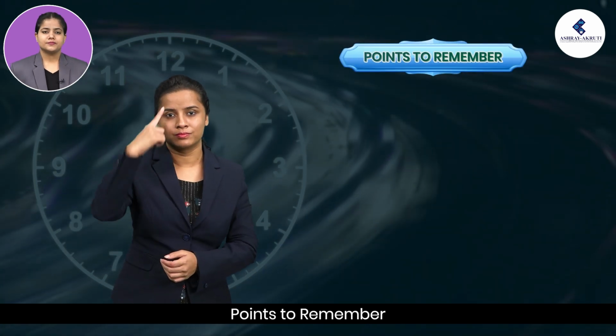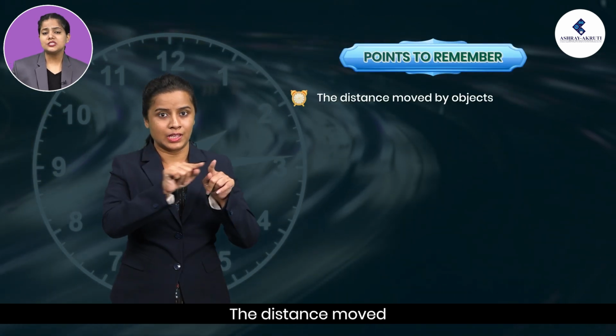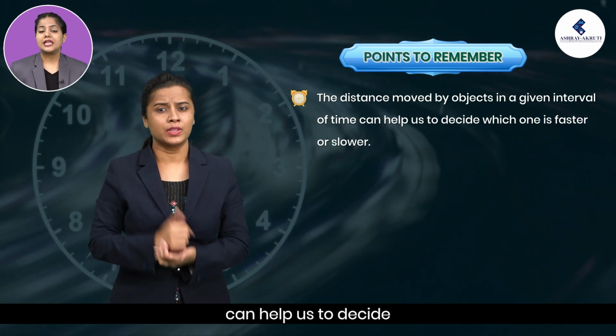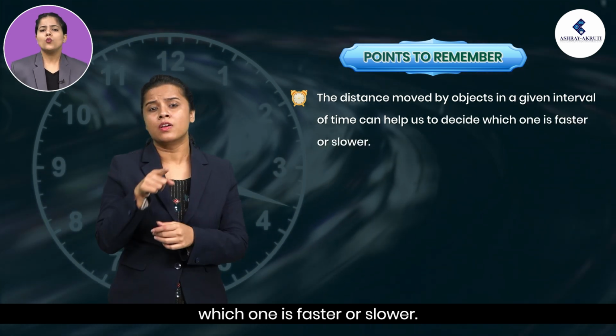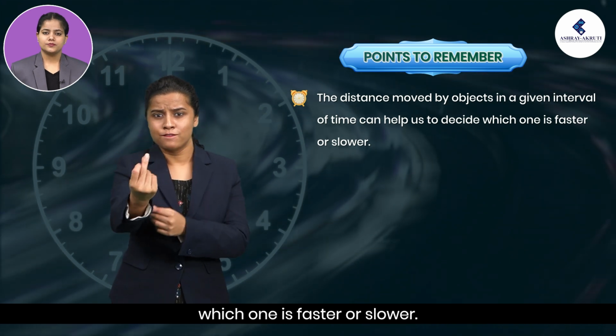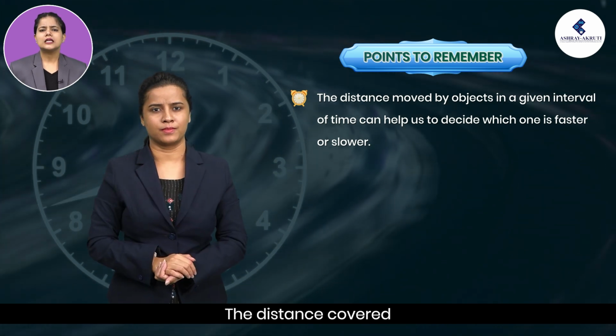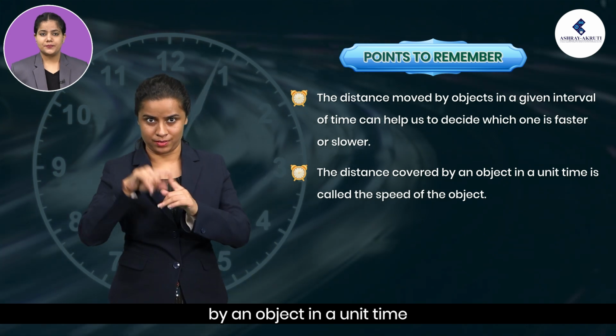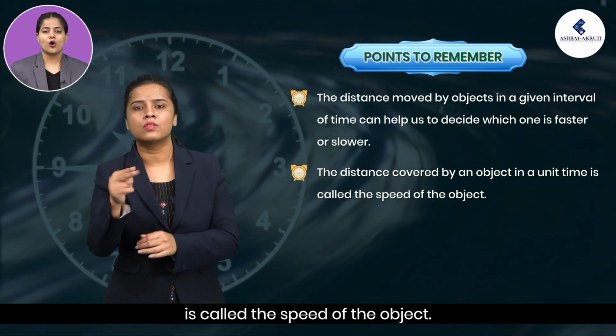Points to remember. The distance moved by objects in a given interval of time can help us to decide which one is faster or slower. The distance covered by an object in a unit time is called the speed of the object.